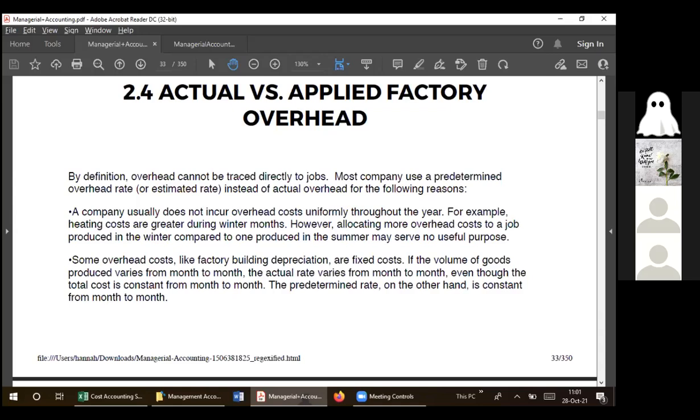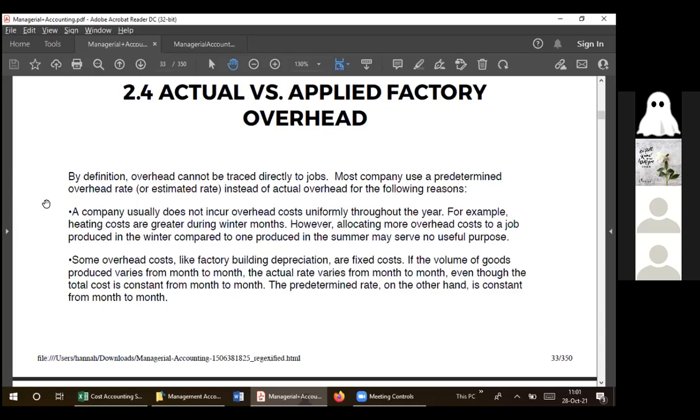Okay, so for that reason, it becomes complicated and you have to put an estimate for that. Now, the reasons they have given here are further: a company usually does not incur overhead costs uniformly throughout the year. So some overhead costs or some factory costs are not uniform throughout the year. For example, heating costs are greater during winter months.